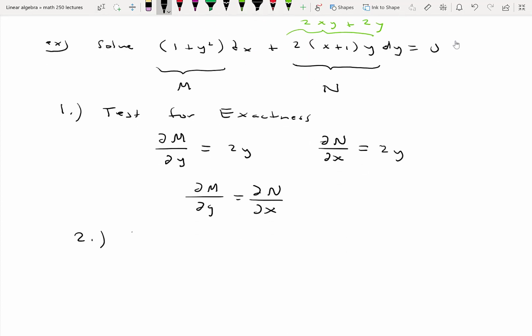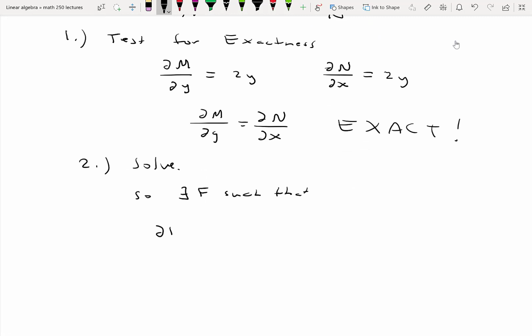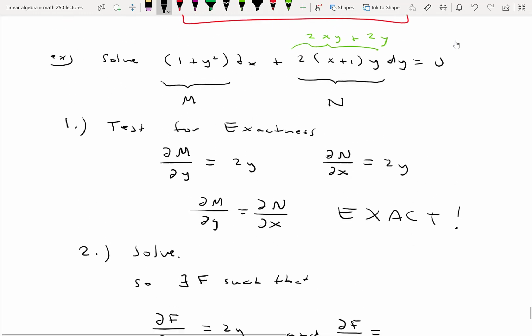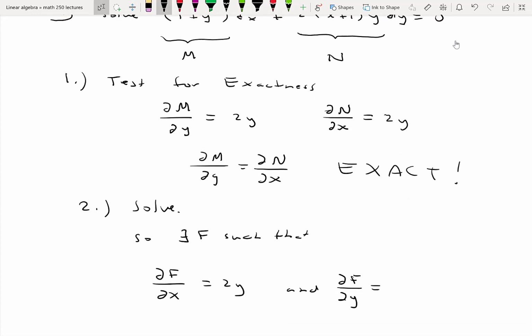So the equation is exact. So there exists a function f such that the partial of f with respect to x is... oh, sorry, it's not 2y.